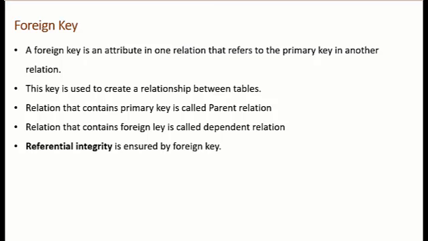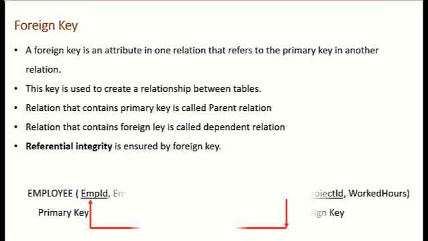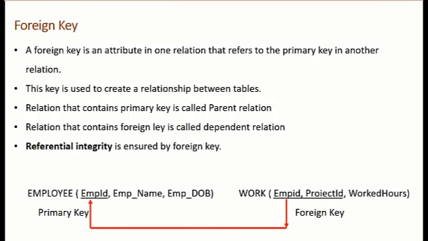Referential integrity is ensured by the foreign key. As there are two tables, the employee relation and the work relation, in the employee relation employee ID is a primary key, and in the work relation employee ID exists as a foreign key. This foreign key refers to the data stored in the primary key. It only accepts the type of data that is stored in the primary key of the employees relation.